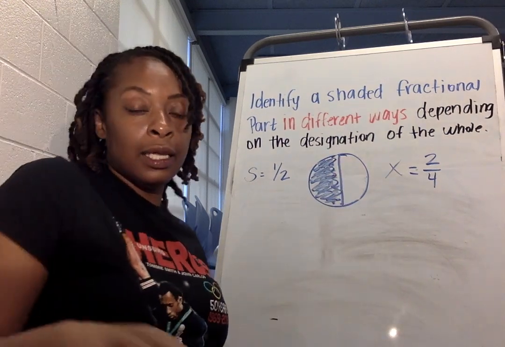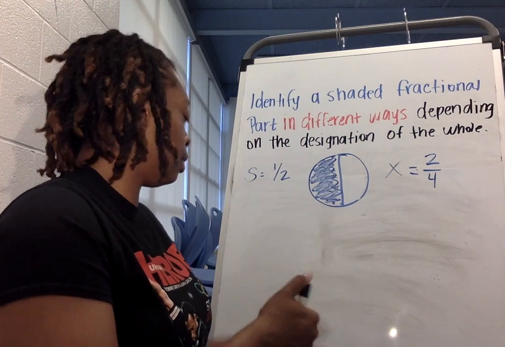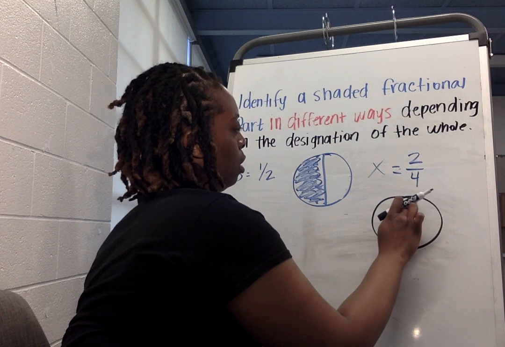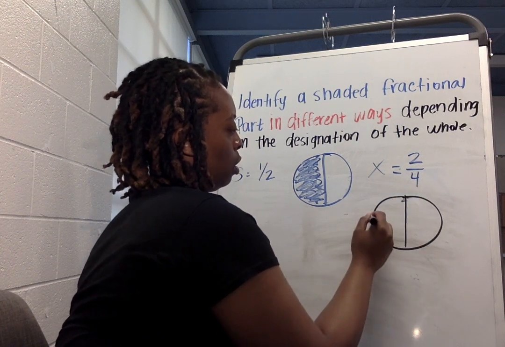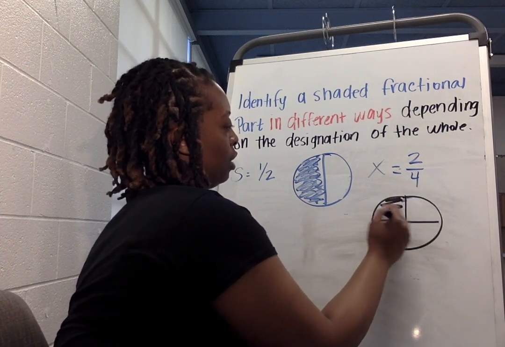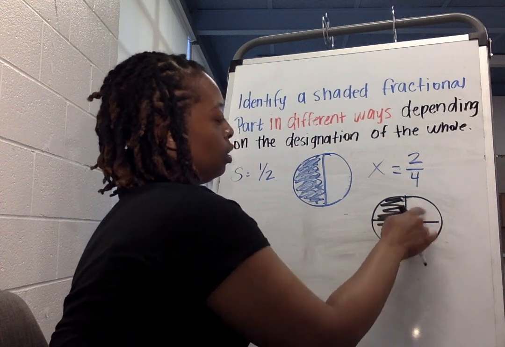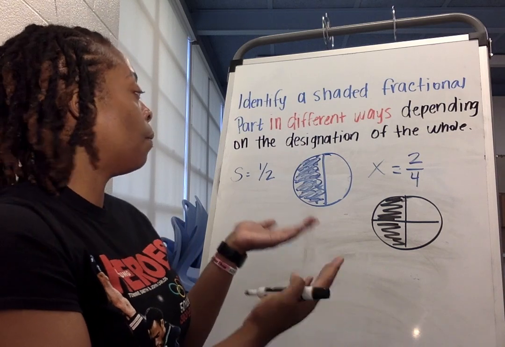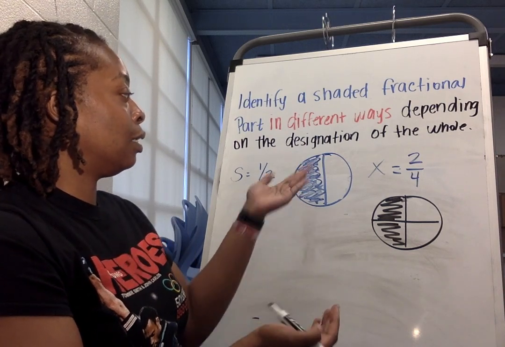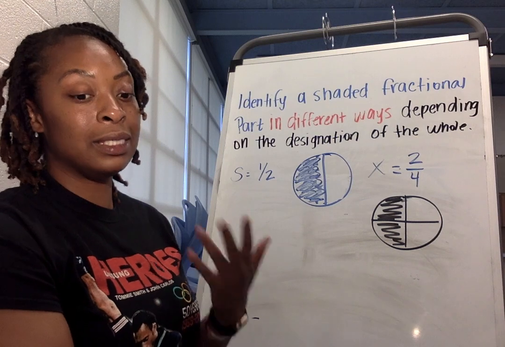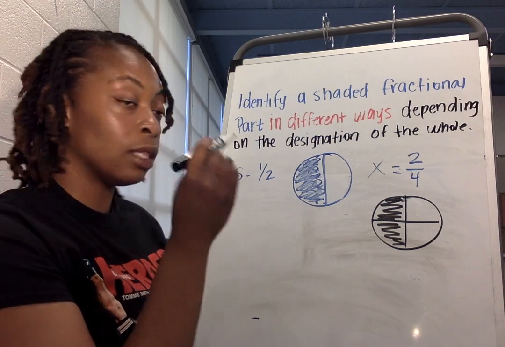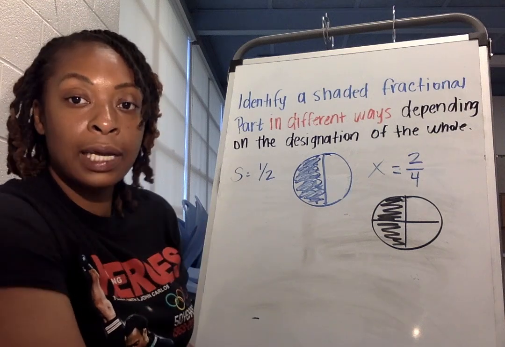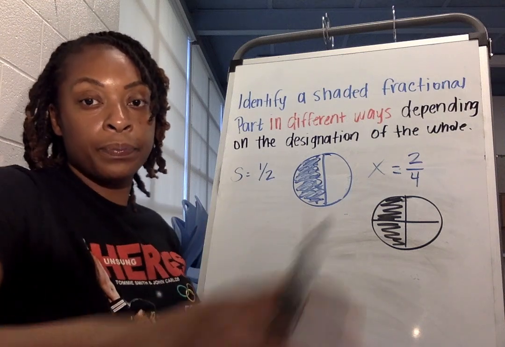But Zavi may see it like this, or he may be imagining it in this way. Okay, so he's imagining that this was eaten, and this is eaten, and this is what's left over. They're both correct. It's just that we're partitioned differently. So it's the exact same thing. Sometimes you may have to just draw it out and shade it in and say, "Oh, I see now, 2/4, that is the same thing as 1/2."